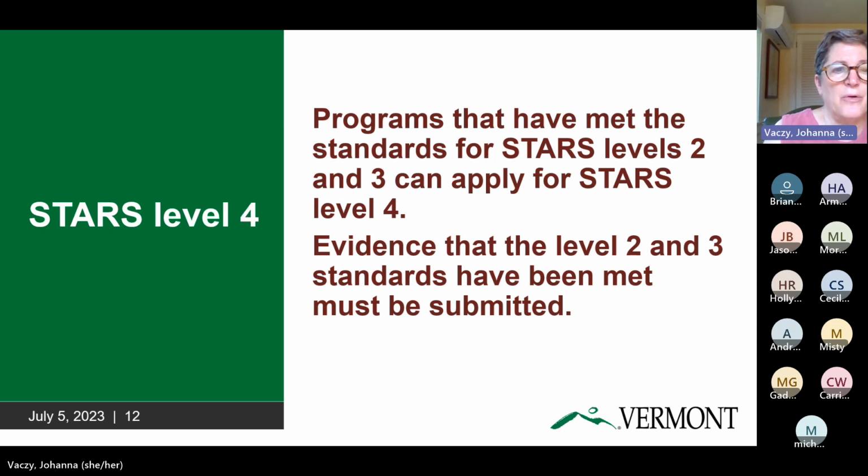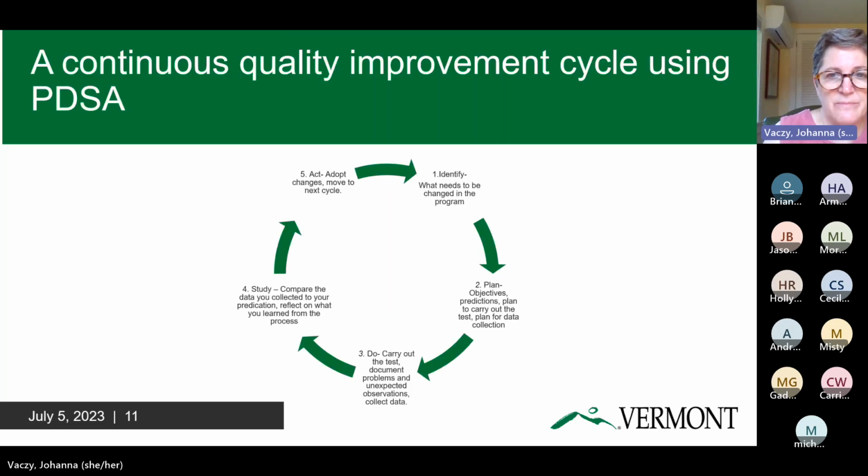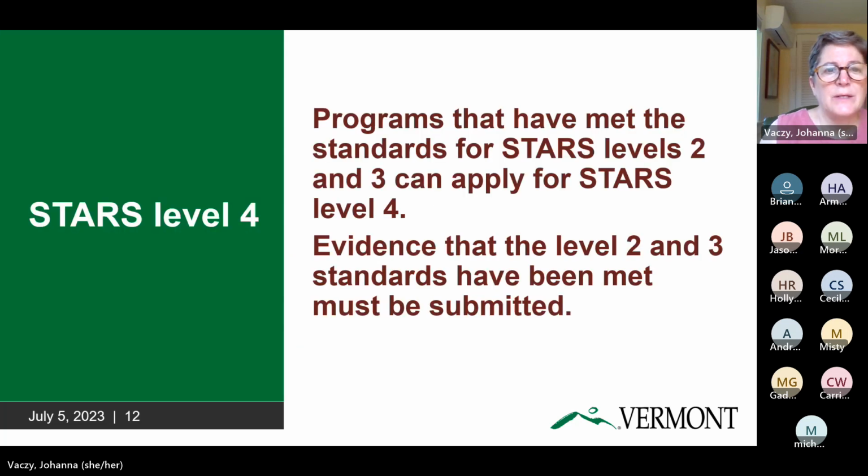So for programs that have met the standards for stars, let me see if I skipped anything. I'm going to go back to this one for a second. So programs that have met those standards for stars level 2 and 3 can apply for stars level 4.